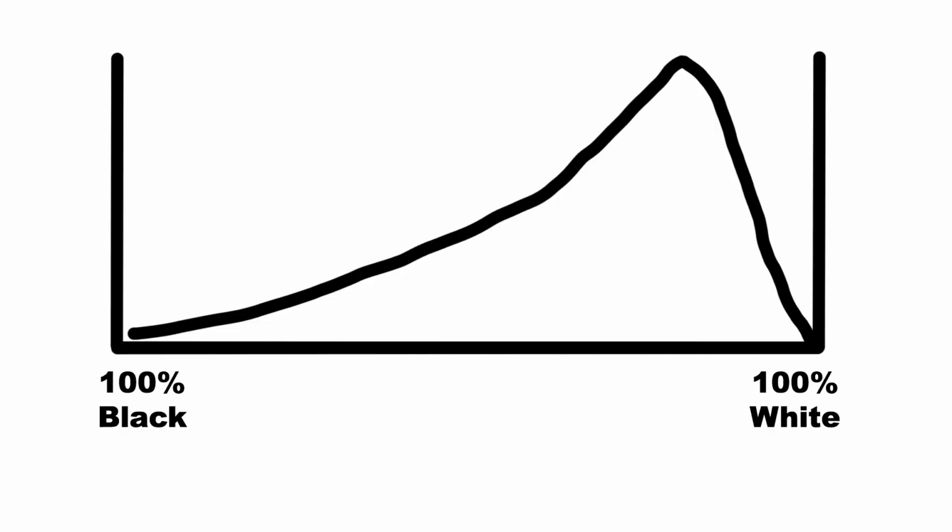And if you have an image that has a lot of bright scenes in it, you will see a histogram that has bulges and peaks towards the right hand side. If you have a very contrasty image, you might see peaks at both sides, so peaks in the dark areas and in the bright areas.